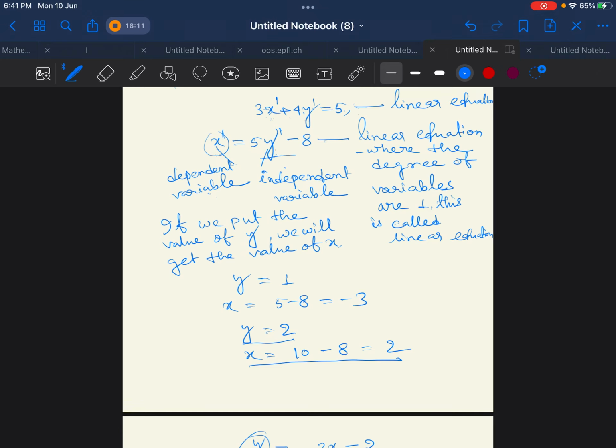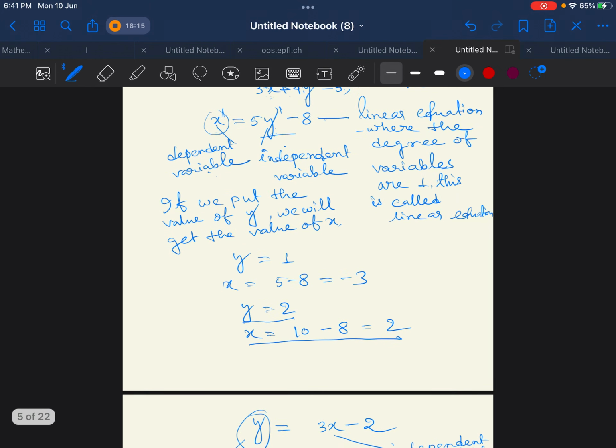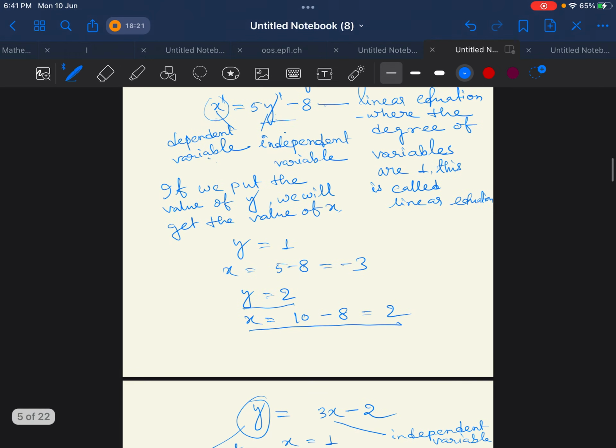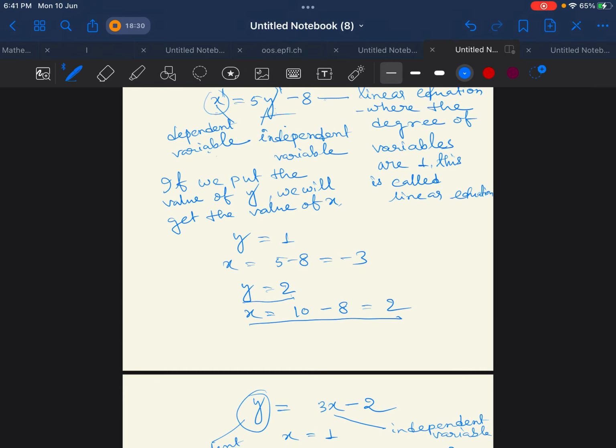So x is the dependent variable because it depends upon y. When we put the value of y, then we get the value of x. Here we put y equal to 1, then we get x equal to -3. When we put 2, then we will get x equal to 2.